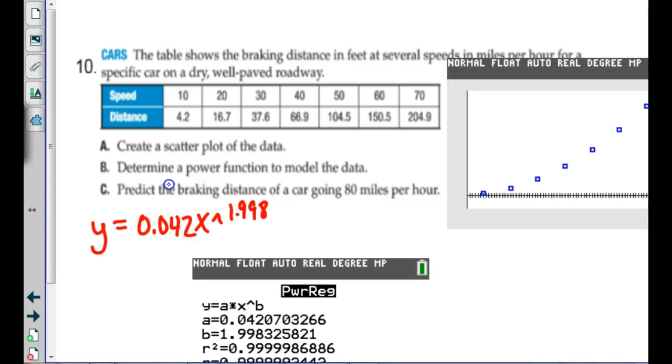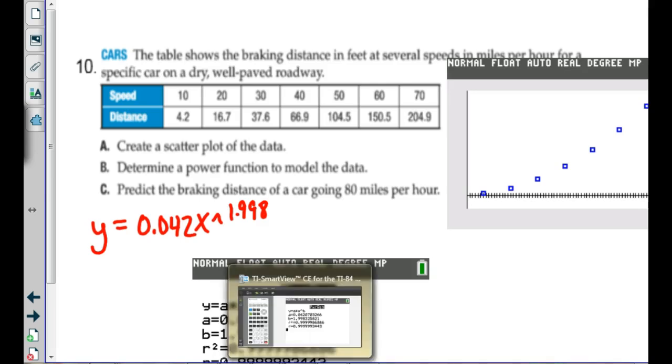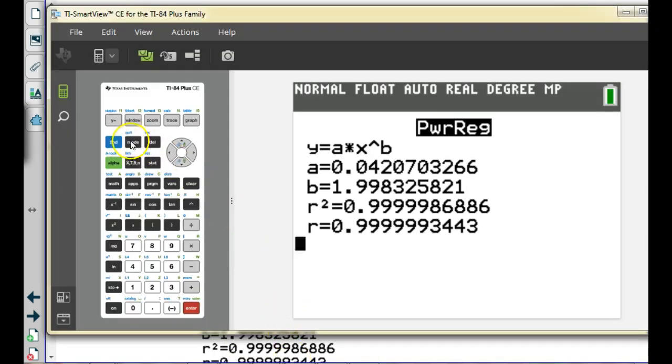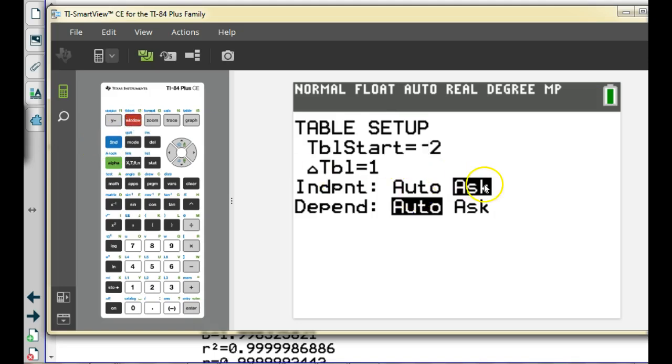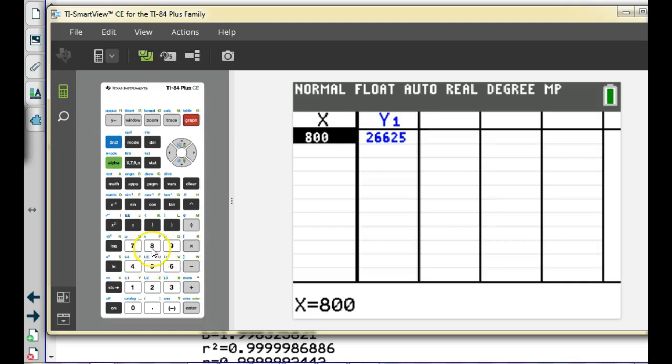But when you go to predict the car going 80 miles an hour here, you need to use the stored equation. Okay, this is the tricky part because some of you don't have a lot of practice in this. How do we get to set up the table the way we want it? Second window, make sure it's Ask Auto, and then it's second table, and we're putting in 80.